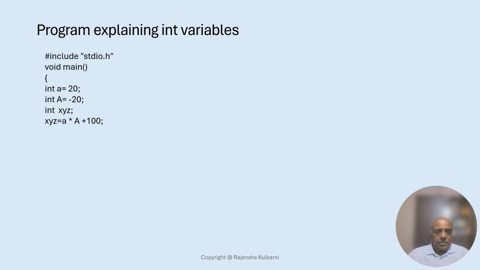In this case, it is xyz. Then there is a normal printf statement where we want to display the value of small a, capital A, and finally the value of xyz after it is evaluated in this arithmetic expression. Then the closing brace.